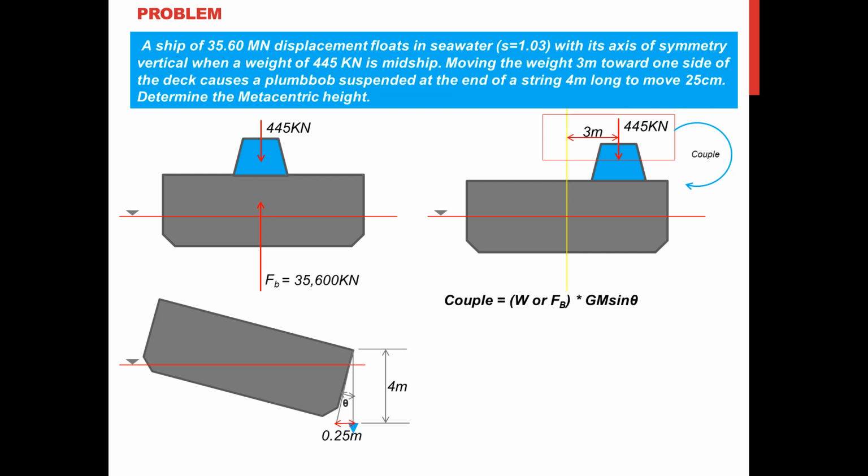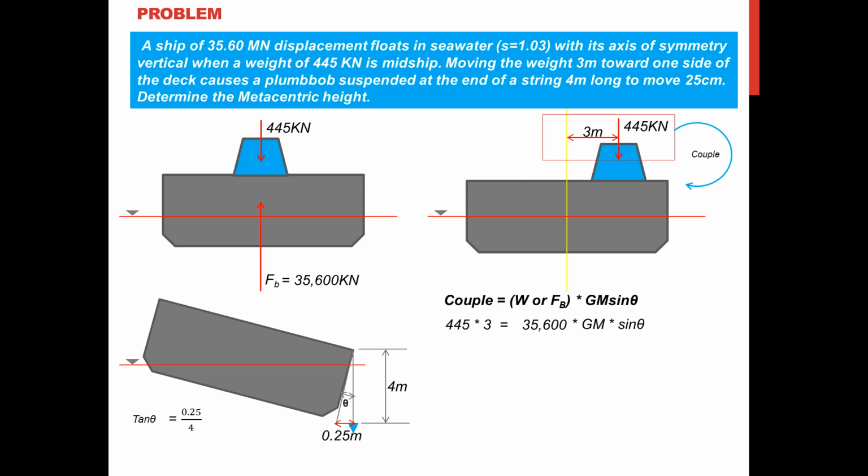Because couple is equal to the weight, or FB, times GM sine of theta. Now, this couple is 445 times 3. This is equal to 35,600, which is the buoyant force, times GM times sine of theta. We do not know yet theta, but we are going to utilize the triangle formed by the plumb bob.